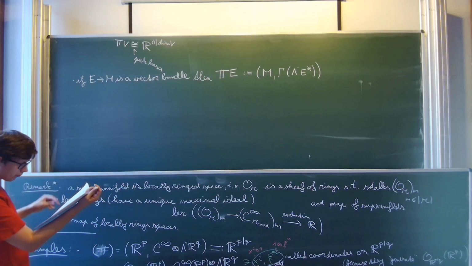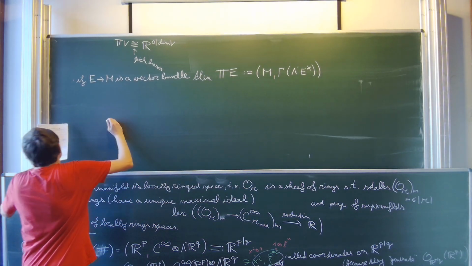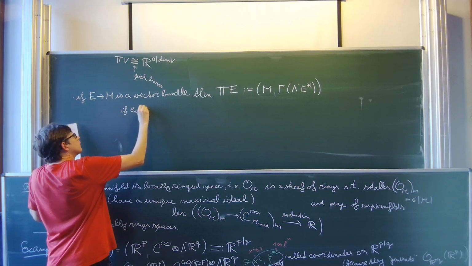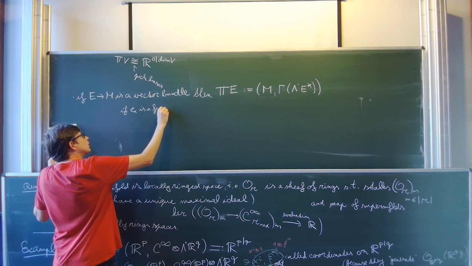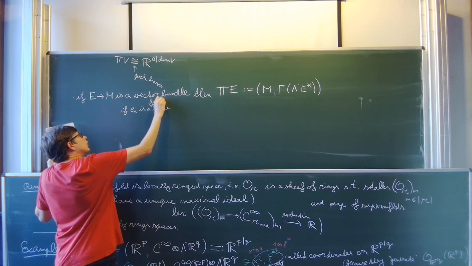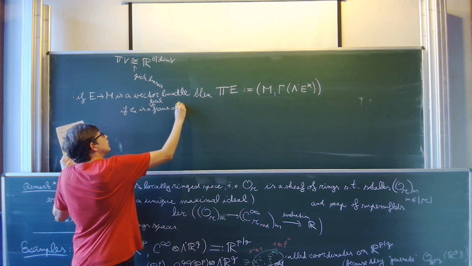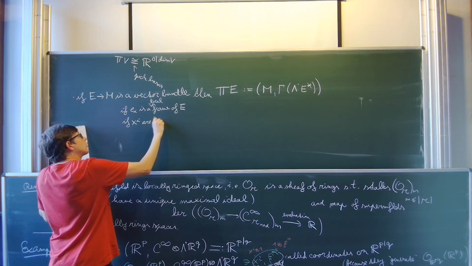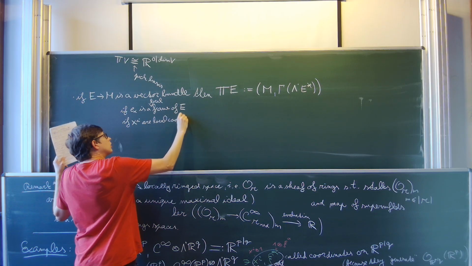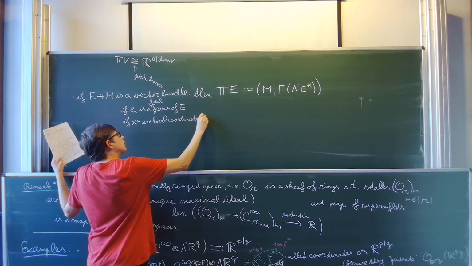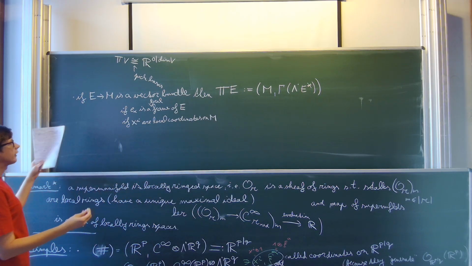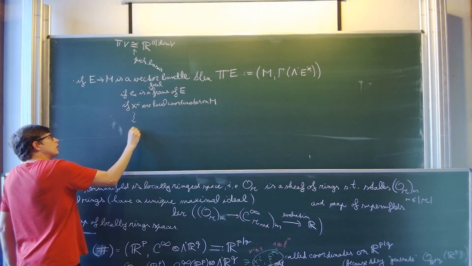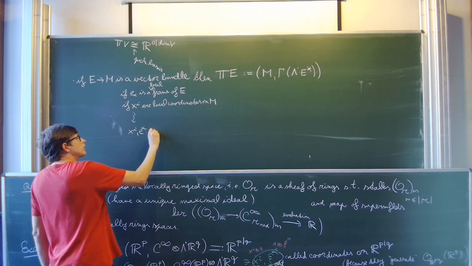So, and again, in terms of coordinates, what does it mean? If you pick a local frame over some neighborhood of E, and if x^i are coordinates on the base, then x^i together with the dual frame elements e^alpha are coordinates on your E, right?